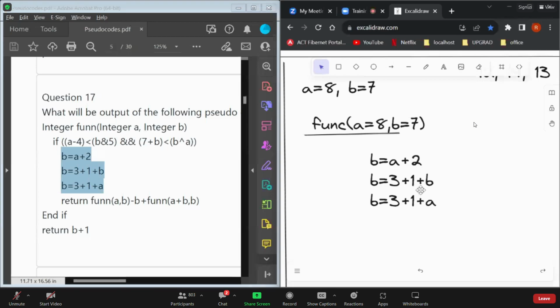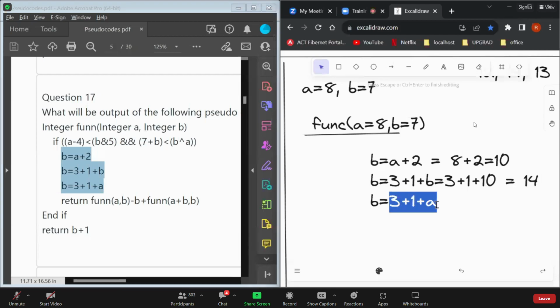Now, if you look at this carefully, the first two statements are completely useless, because the main value of b is being calculated in statement 3, which is 3 plus 1 plus a. I'll show you how. First, the b value will be 8 plus 2, which is 10. Next, here 3 plus 1 plus the previous value of b, since you have updated the value, so this will be 10, so this is 14.